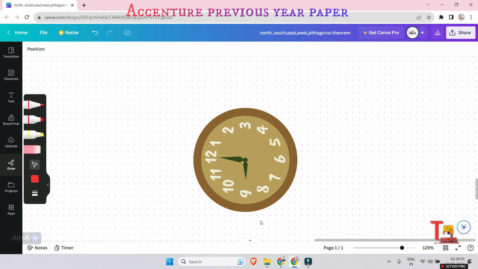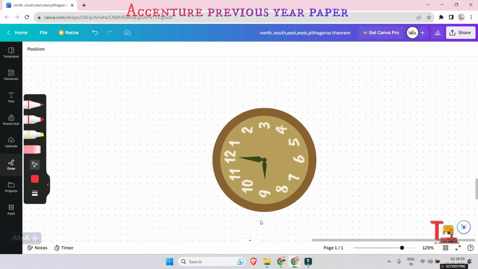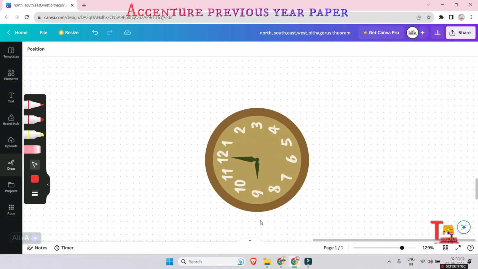So when it is 6:15 p.m., where will the hour hand and minute hand lie? Obviously here and here. So at the 6 it will be the hour hand and at the 3 it will be the minute hand.